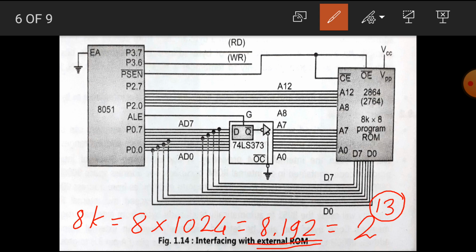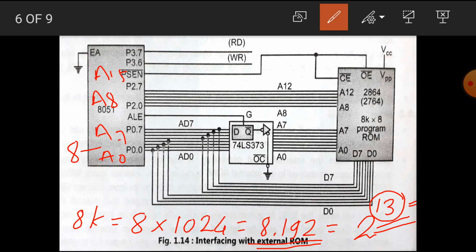Now this type of interfacing needs 13 address lines. We know that port P0 gives the lower address from A0 to A7, and port P2 gives the higher address from A8 to A15. Here are the 8 address lines, and we require a total of 13 address lines.